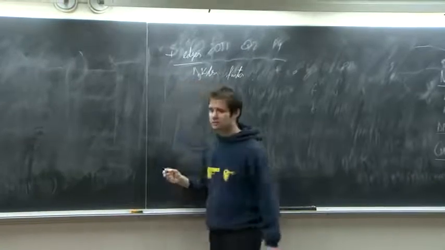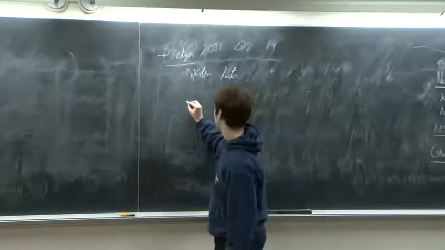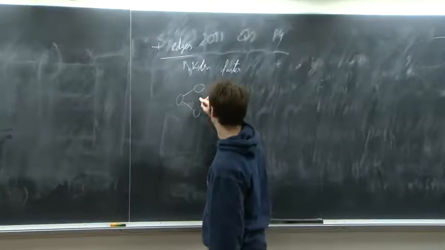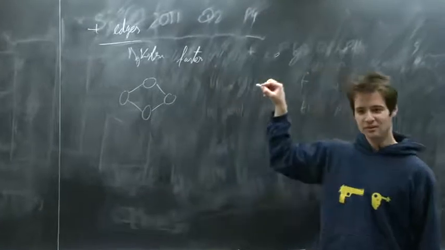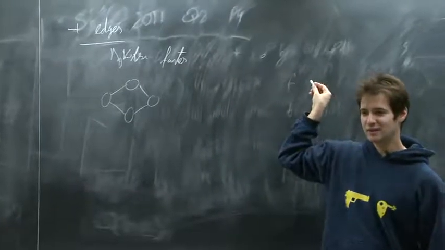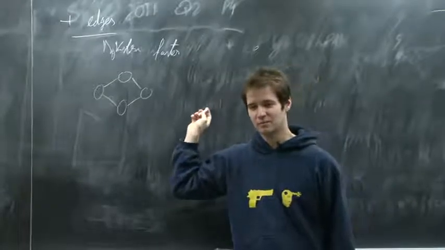Now, if we're going to run both of them, they relax edges in different orders, right? So let's say we have this. By the way, you guys remember the sequence of diamonds, right? My nice example that shows that the number of paths in a graph is exponential in the number of vertices.